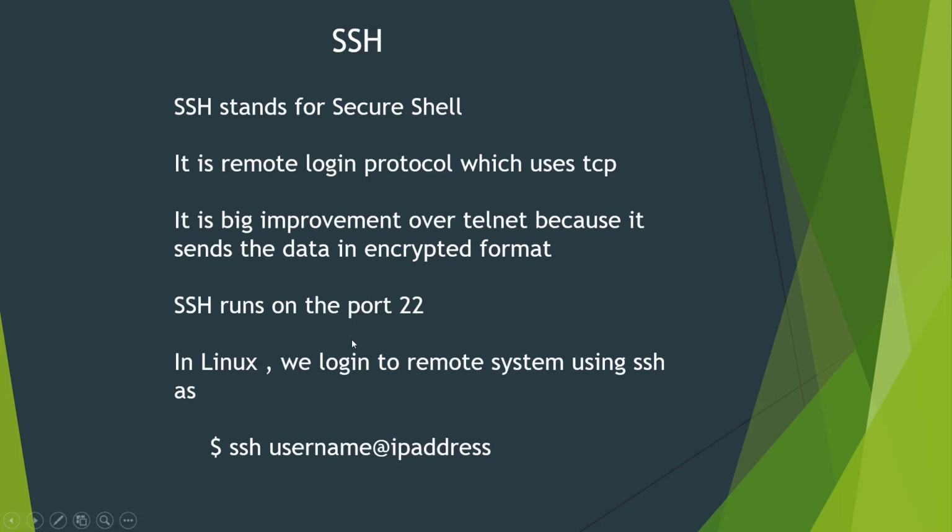Remember, we can have 65,535 ports, and the administrator can change port 22 to any other one he likes. If you want to specify a port, you can say -p for port and specify 1000 or 2000, whatever the port is.